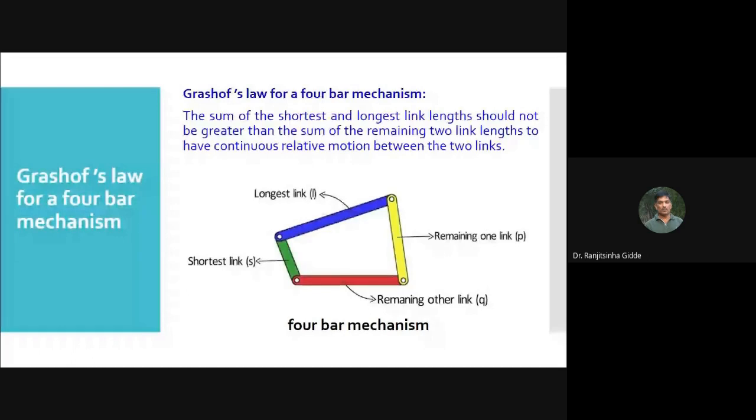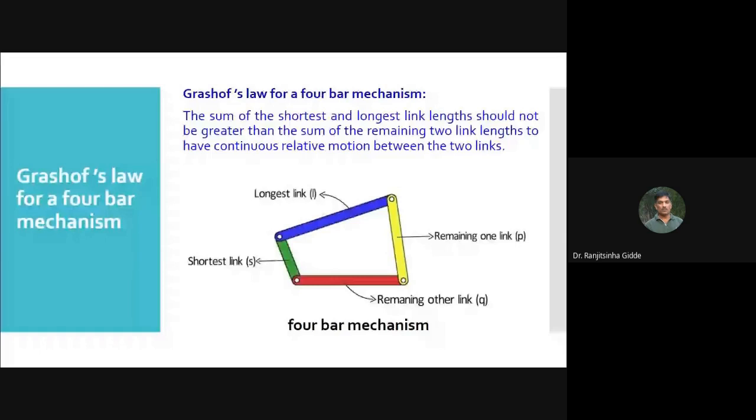Depending upon these lengths, one can have different mechanisms. So we can have different inversions just by fulfilling this Grashoff's law to have motion between the two links.